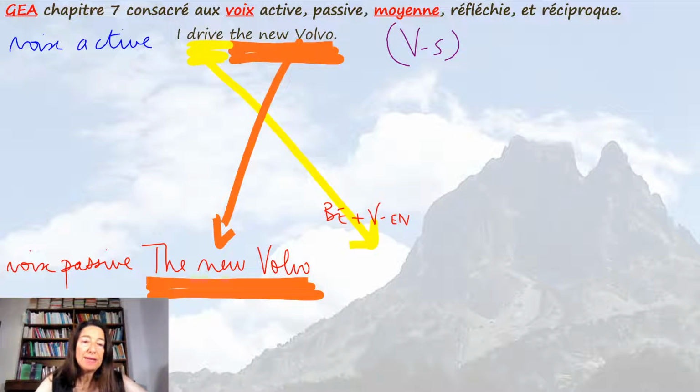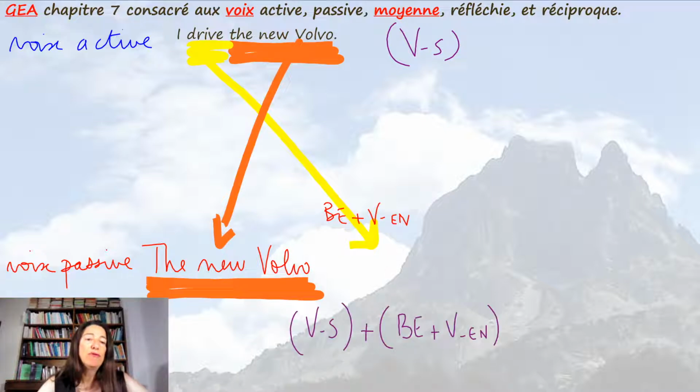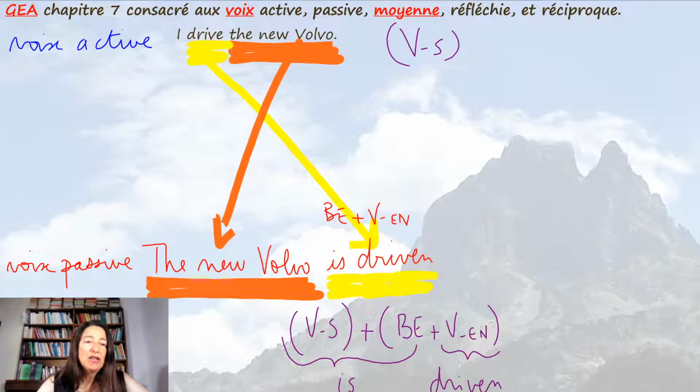So we add the symbol of the present tense to the symbol of the passive form, and we then have the formula for the verb drive that we want to insert in the passive voice sentence. Therefore, the verb form is going to be is driven, because is obviously the present tense of be followed by the past participle of the verb drive. Make sure you pronounce driven.